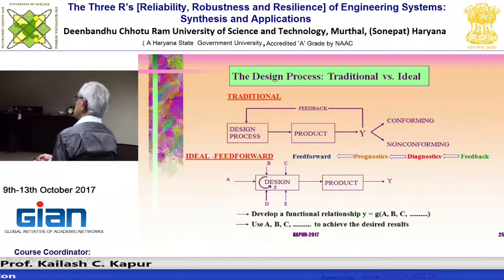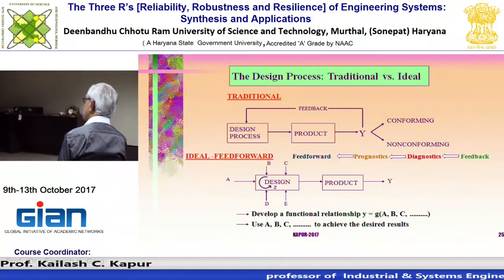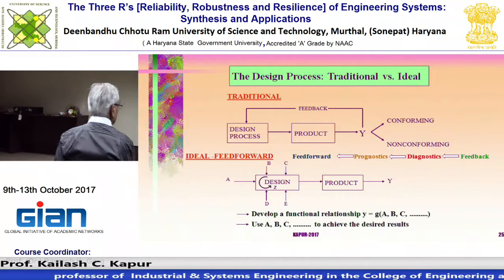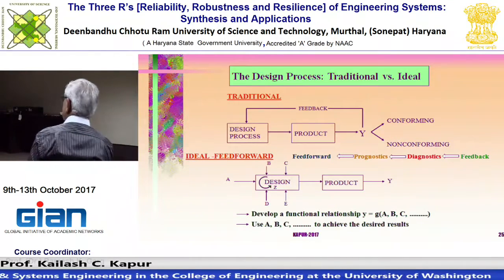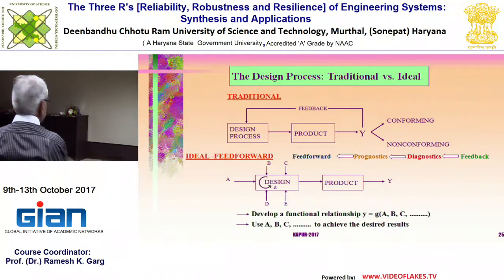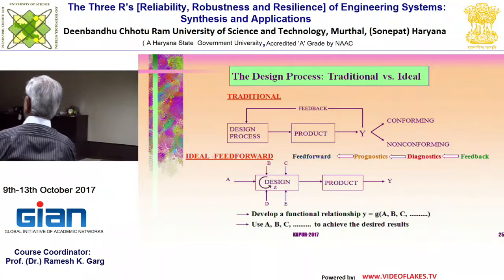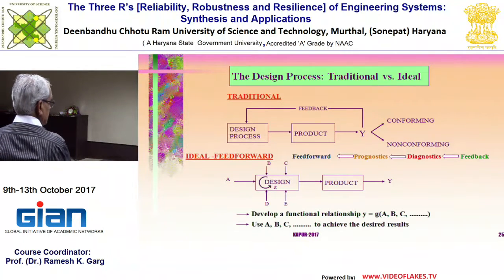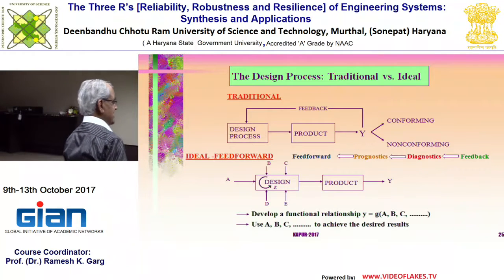Supposing I have this design process. Anytime you have a process, it's like a box, there are so many inputs and outputs, right? Supposing this input A changes, it's like karma. What will happen to Y? If A changes, Y will change, right?